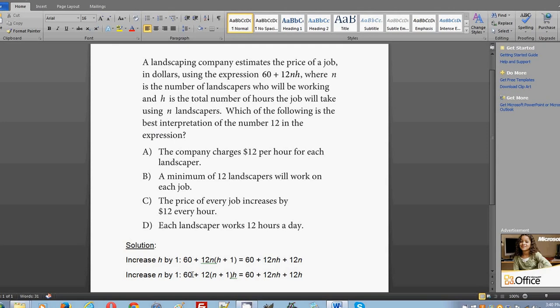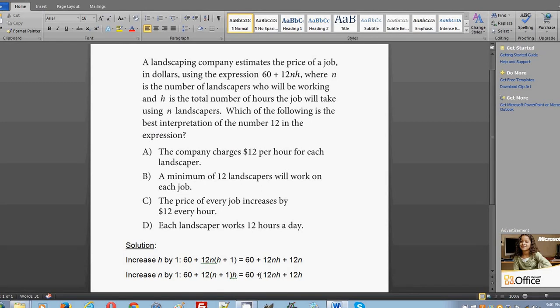But let's now increase the number of landscapers and keep the number of hours fixed. Let's see what happens. So the company is going to have one more landscaper, and let's see what the additional amount would be. So 60 plus 12 times n plus 1 times h.